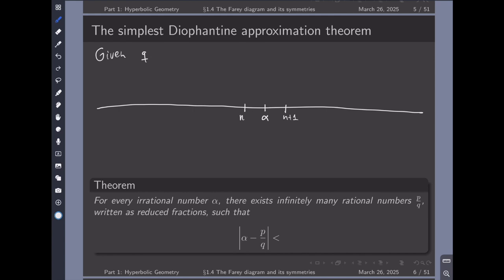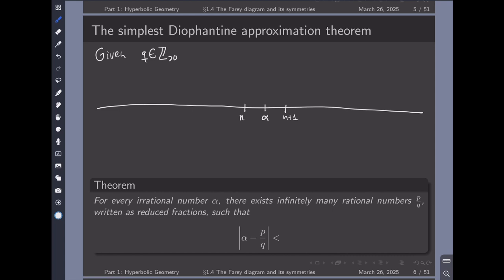But if they give me a positive integer q, I can partition the interval between n and n plus 1 in q equally distant subintervals of length 1 divided by q.